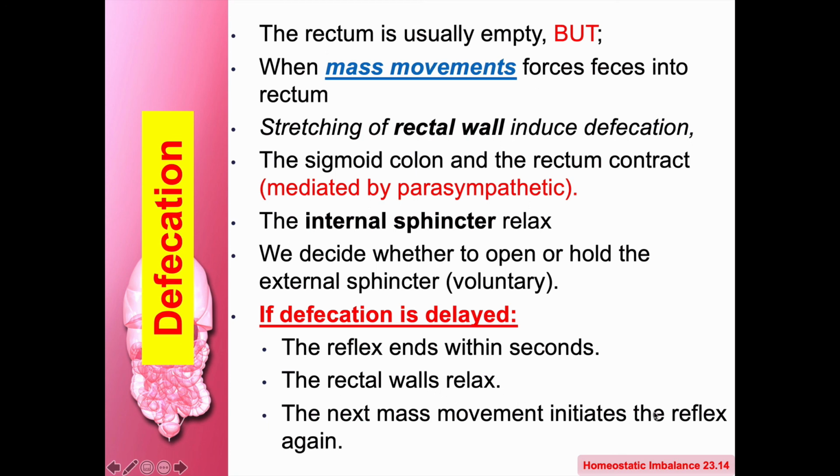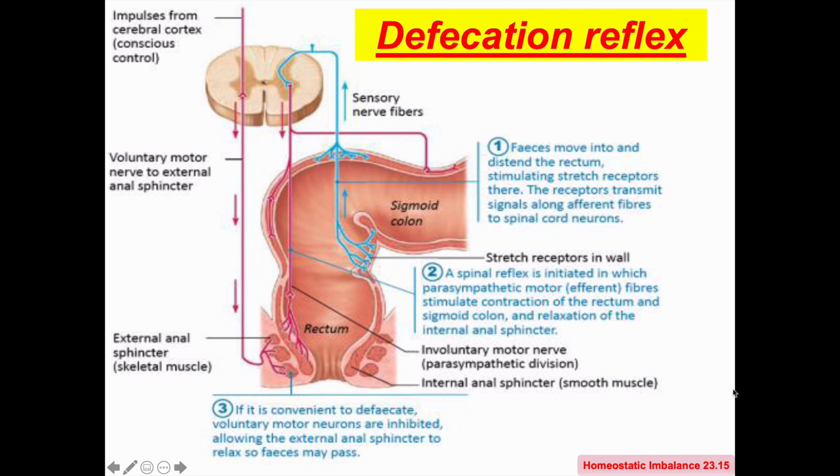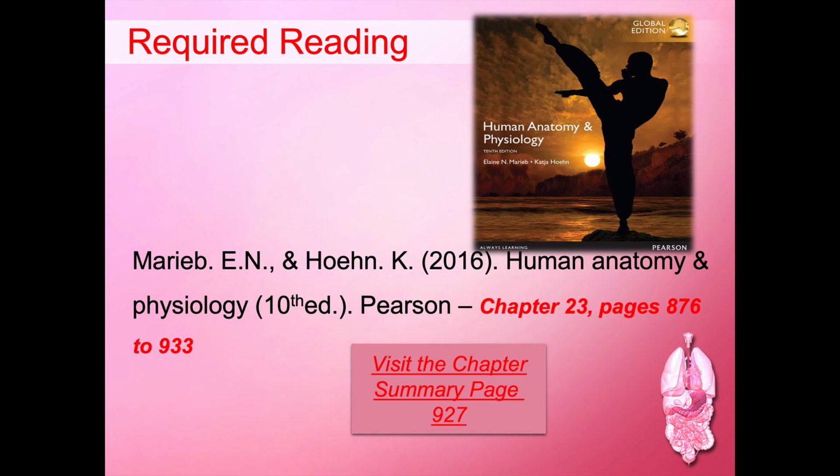The next mass movement initiates the reflex again. The defecation reflex is from the brain, through the autonomic nervous system. Once there is fecal matter in the sigmoid or descending colon, the rectal muscle starts to relax and the patient feels the urge to have a bowel movement. This is what happens in the defecation reflex.